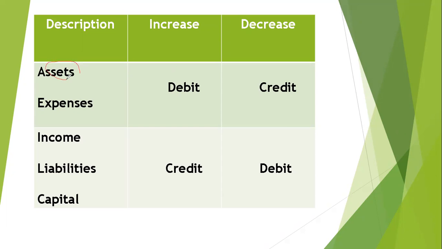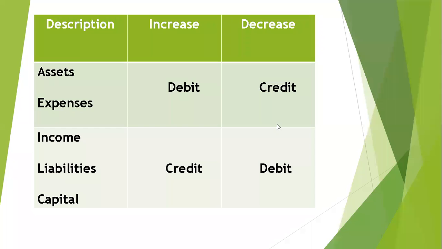At the same time, the income increases, because we have categorized sales as an income, while purchase is an expense. So what can we do? When there is an increase in an asset, we are going to debit the cash account. At the same time, there is an increase in the income account, so we are going to credit the sales account.